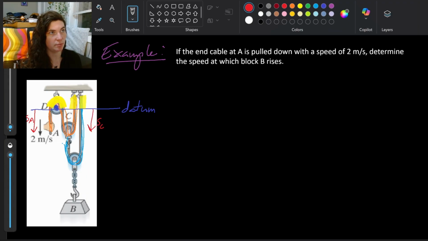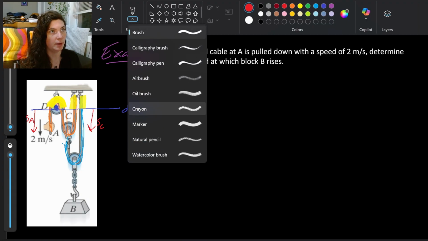This is my position from datum downwards. SA is changing, right? That hand is pulling down at A. A is moving downwards. That position is changing. SC is changing, right? Because A is moving down, the way the motion is having it is that pulley at C is moving up.